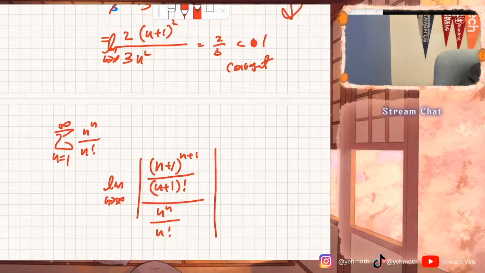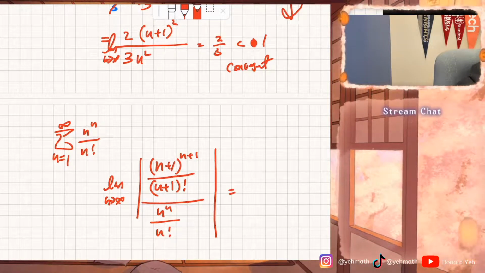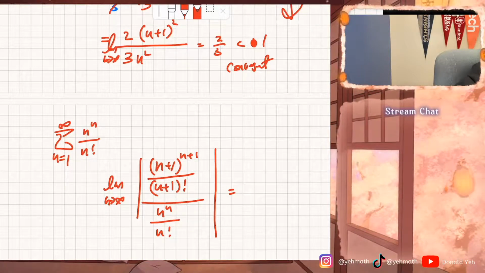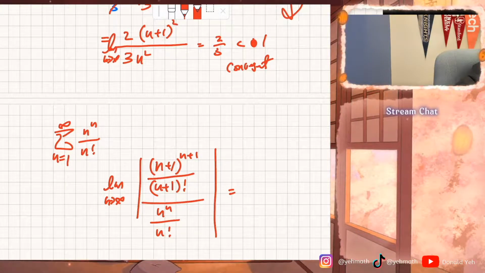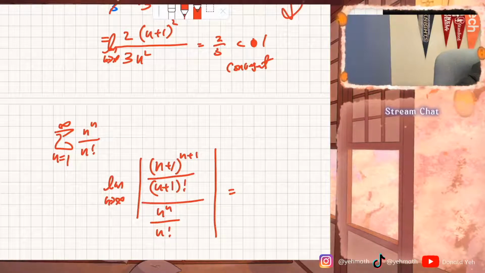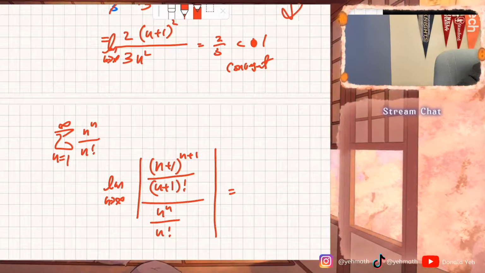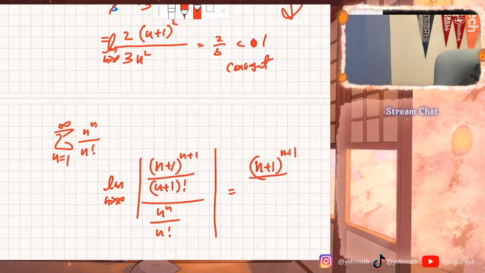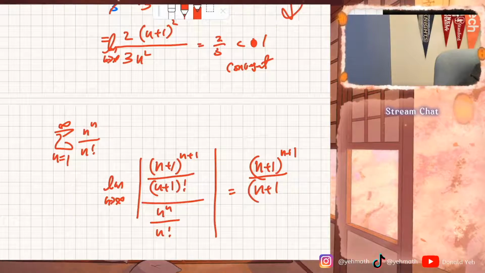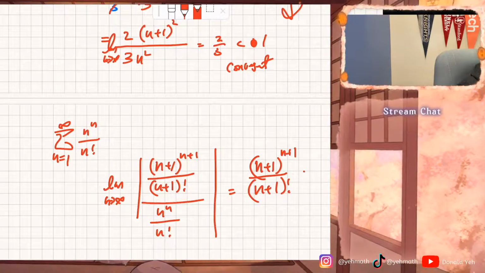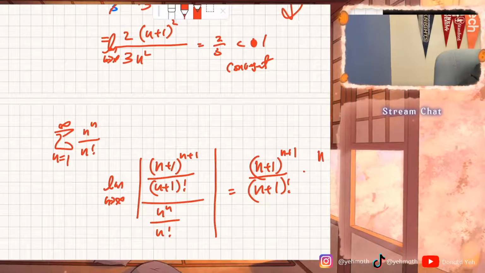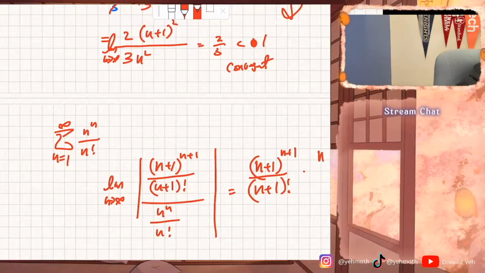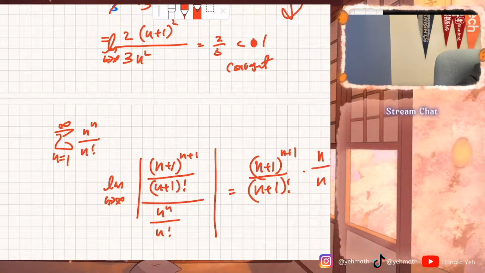If I do it so often, I probably don't need to write that anymore. But you have to be careful how you expand this. So we have (n plus 1) to the n plus 1 over (n plus 1) factorial times n factorial over n to the n.